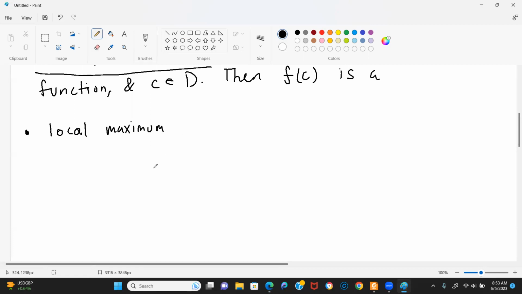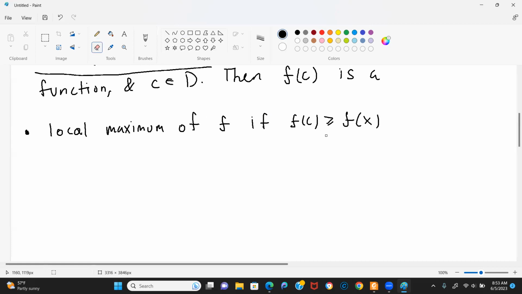So here's an alternate way of expressing this. That's a local maximum of f if f of c is greater than f of x.